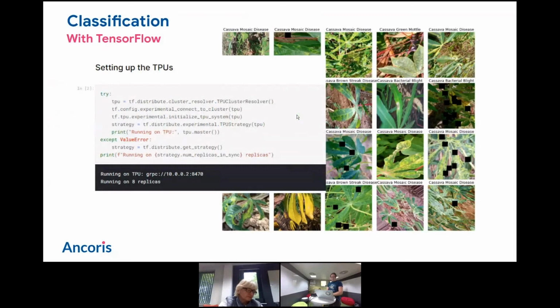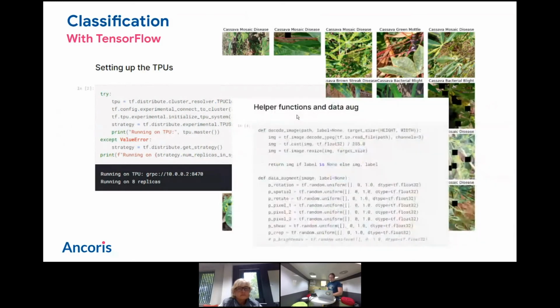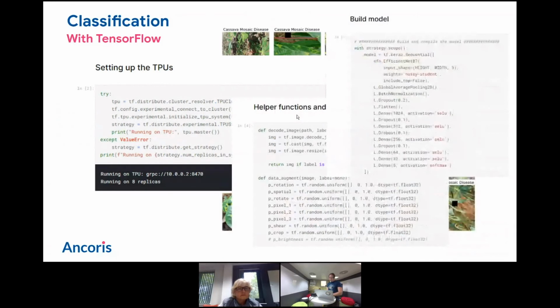And this is just an example of what it looks like when you're using things like TensorFlow. So here we are. You have to set up the TPUs. There's quite a lot of coding and configuration in doing all of this.